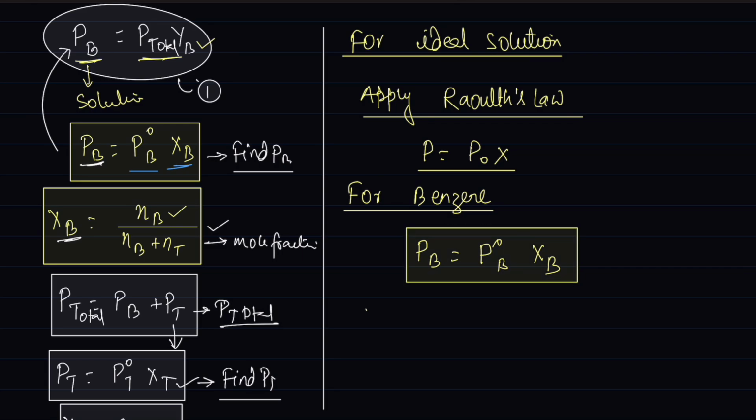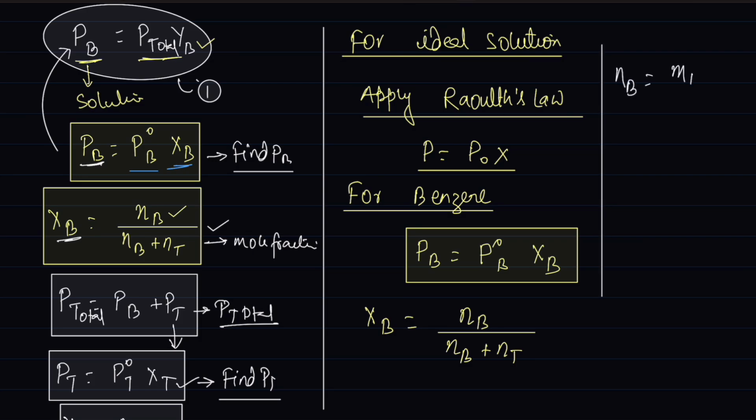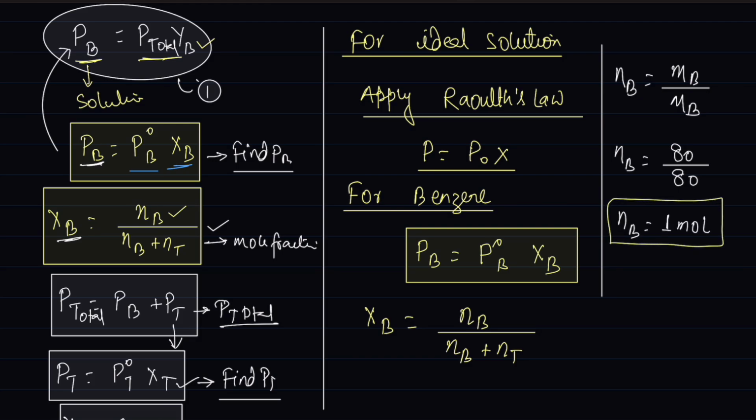XB is equal to mole of benzene divided by mole of benzene plus mole of toluene. Separately we find the mole of benzene and mole of toluene. NB, mole of benzene, is equal to mass of benzene by molar mass of benzene. Mass of benzene is given as 80 and molar mass is also 80. So NB is equal to 1 mole.